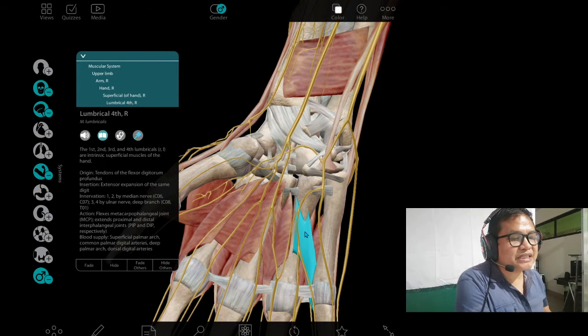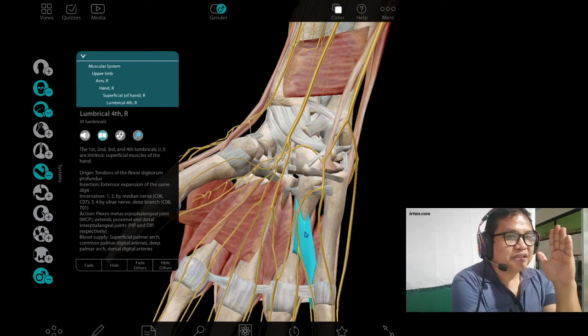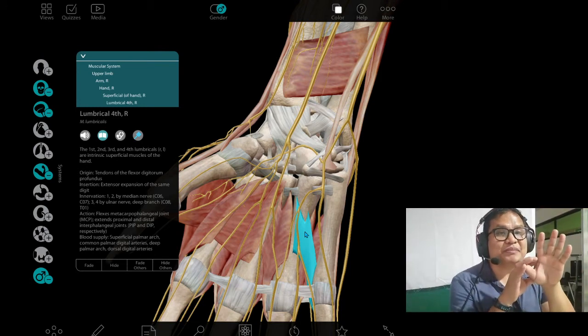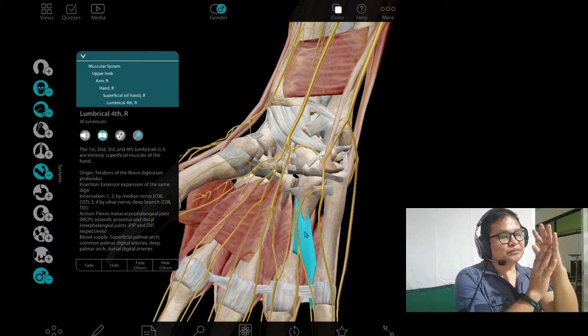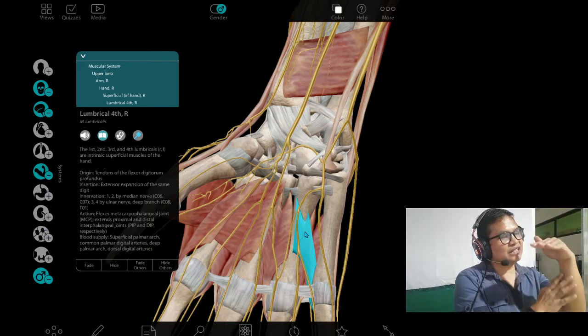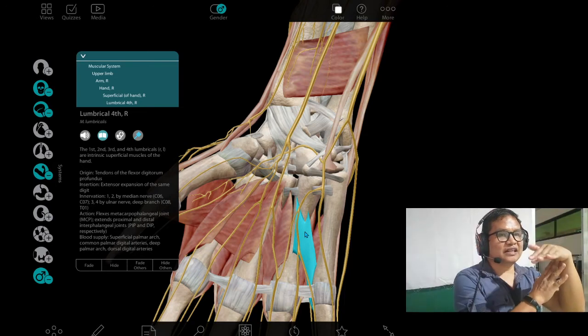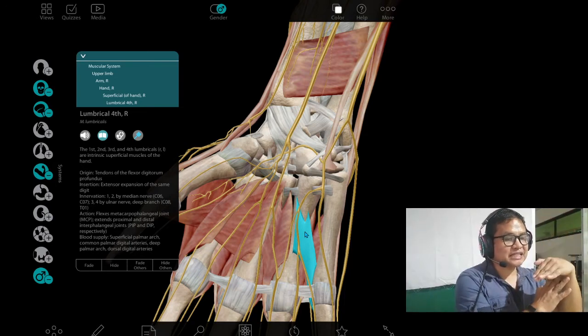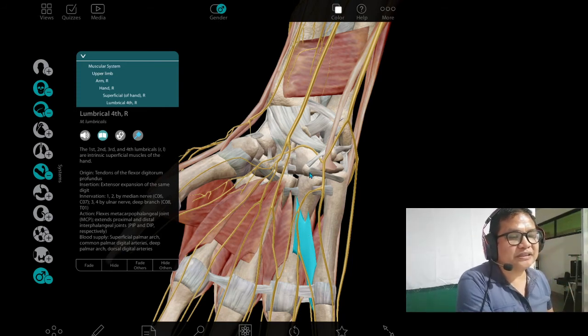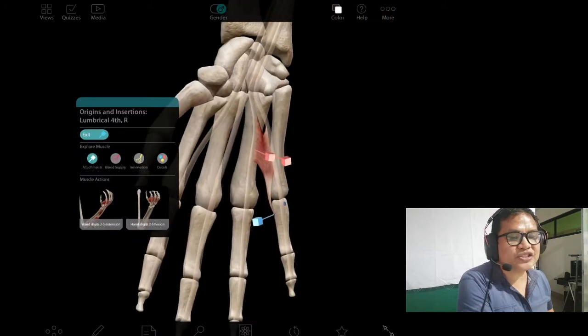The action of the lumbricals is to flex the metacarpophalangeal joint, the MCP. So it is similar to flexing the wrist. You can see its action.